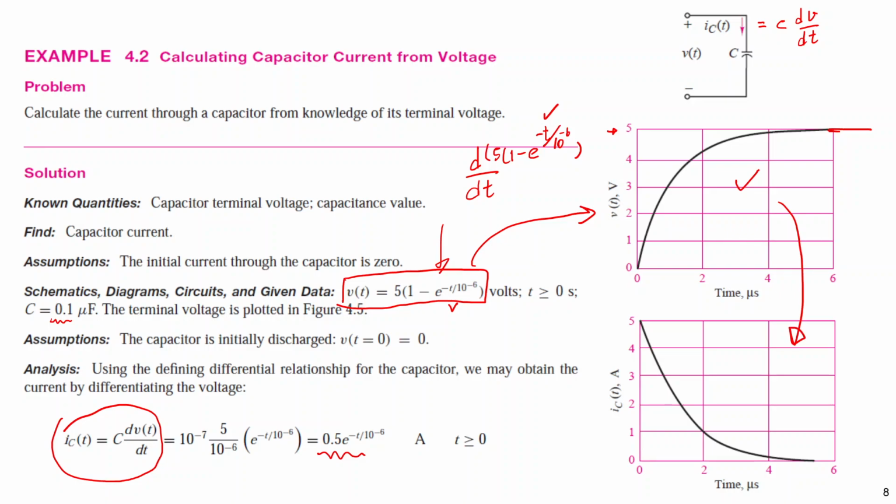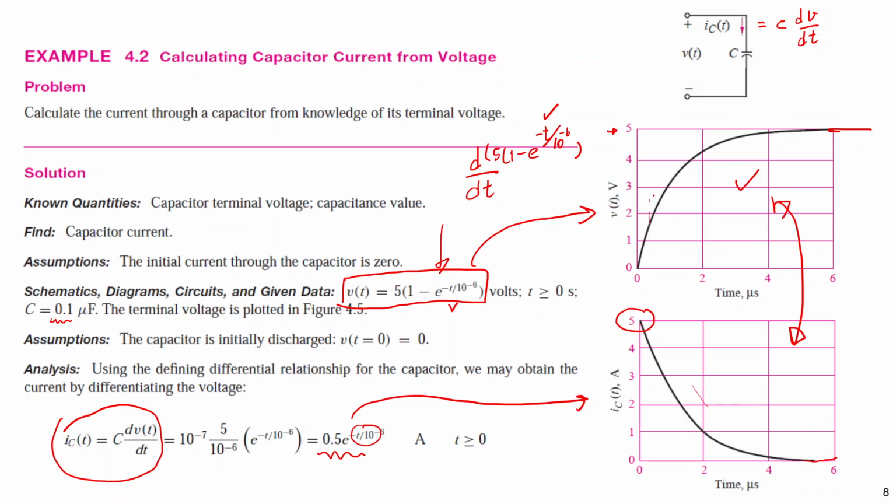What happens if we apply this voltage to the capacitance? First, the current is very high. It decreases from 5, an exponential decay. Then as time passes, it decreases to 0. You can see it corresponds to the voltage.